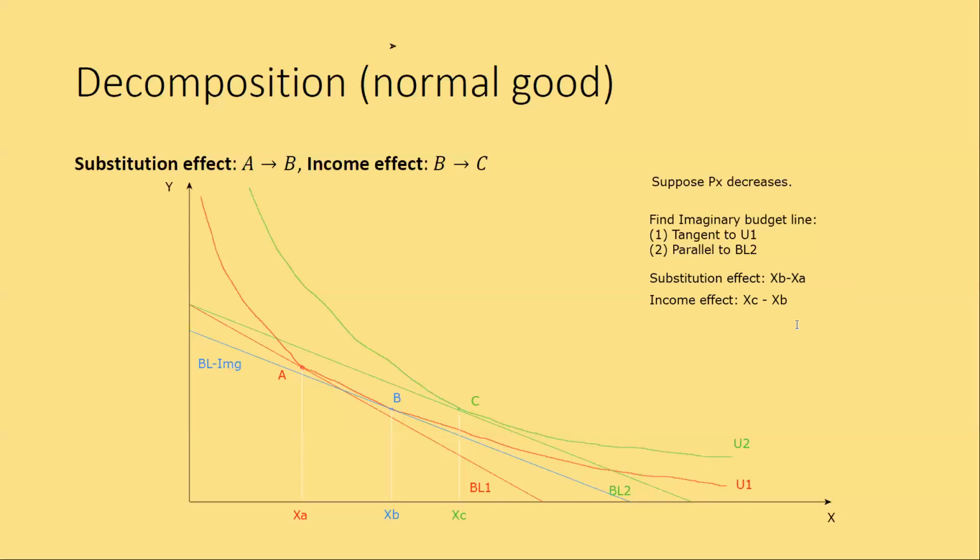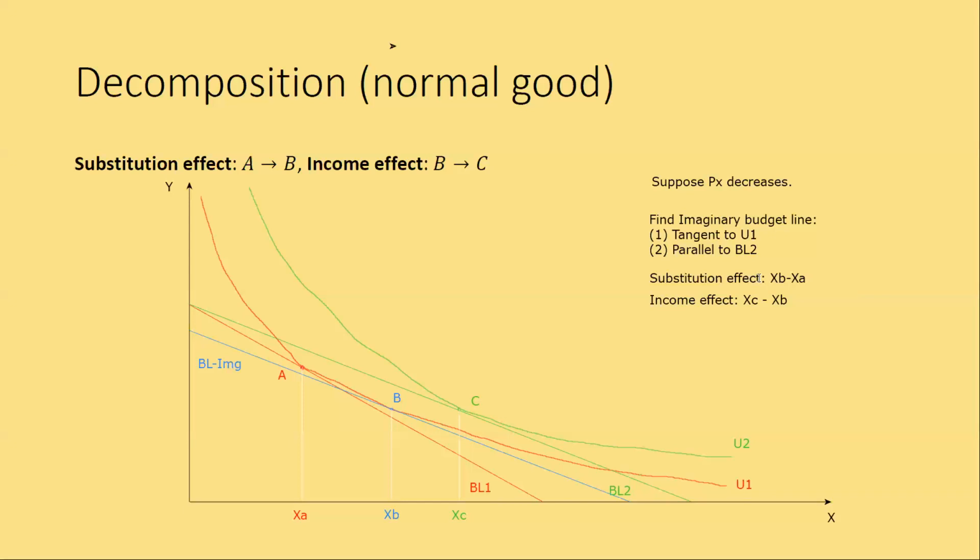It's only that this person's purchasing power has increased as a result of the decrease of price in good X, right? So it is a parallel shift of the budget line from the blue line to the green line. And the change in the amount of good X consumed by this individual, which is moving from point XB to point XC, the difference of those two is the income effect.